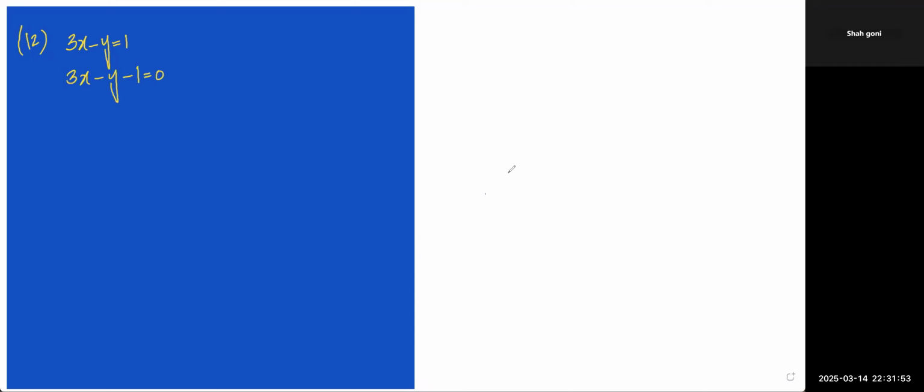This one, if I want to compare with another line like lx plus my plus n is equal to 0, then easily we can notice here our l value is 3, our m value is minus 1, our n value is also minus 1.